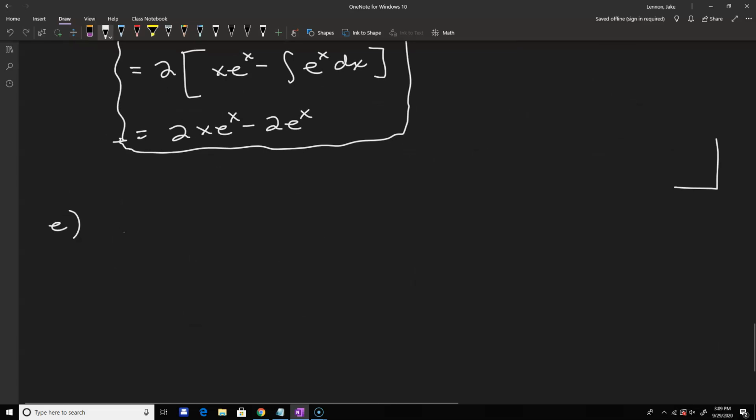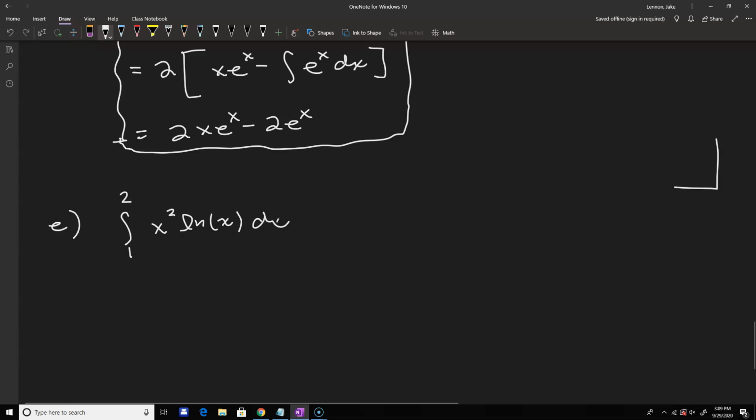So let's say we want to do, so this is going to be pretty similar to part B, but again, just a touch different. So we're going from 1 to 2, and we're doing x squared natural log of x.